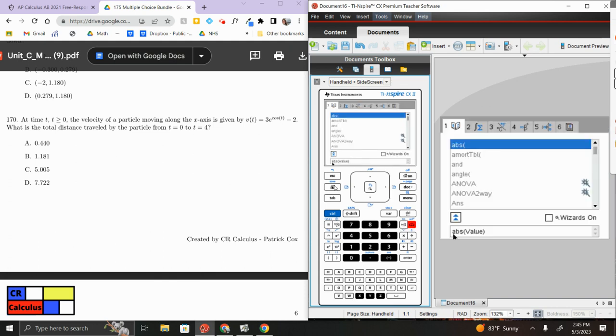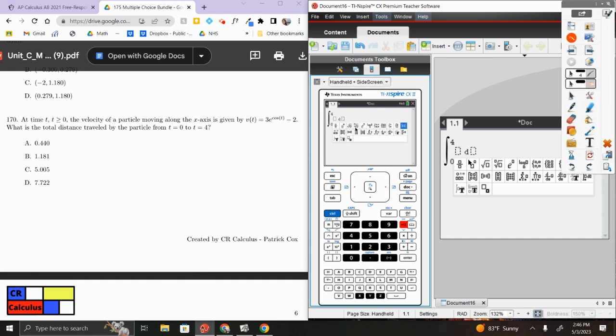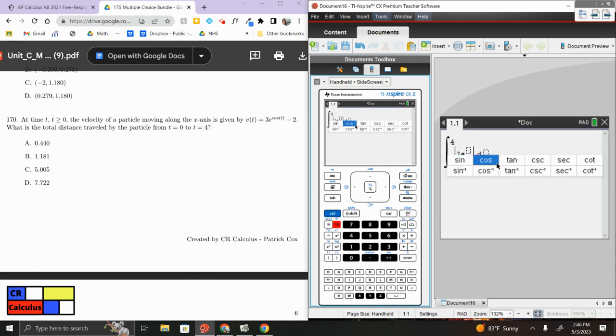So not the book. Hit the number next to the book. Absolute value. And then I type in 3 e to the power of cosine x minus 2 dx.